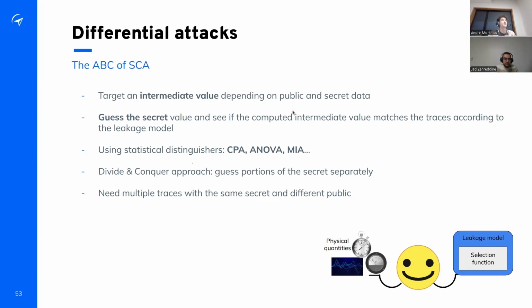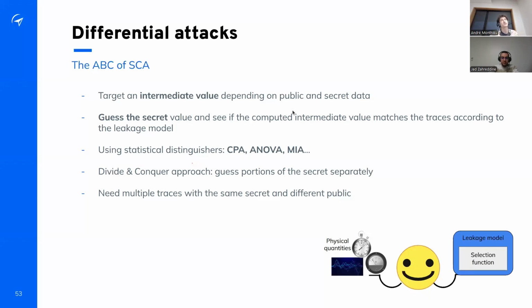Basically, they target an intermediate value that depends on both public and secret data. What you will do is guess the secret value and see if the computed intermediate value matches with the physical quantity in the traces according to a leakage model, which could be the straight-up value or a Hamming weight or Hamming distance or else.